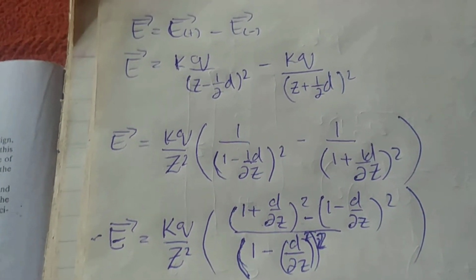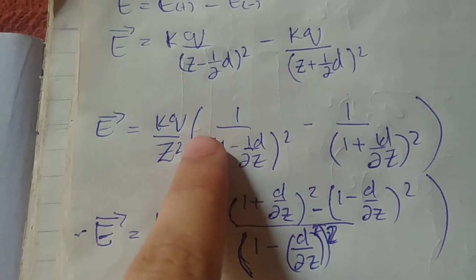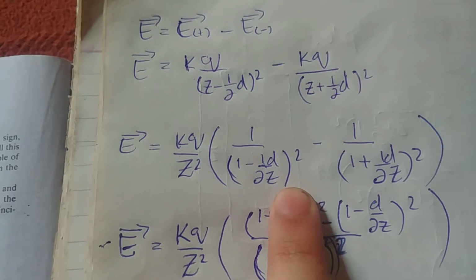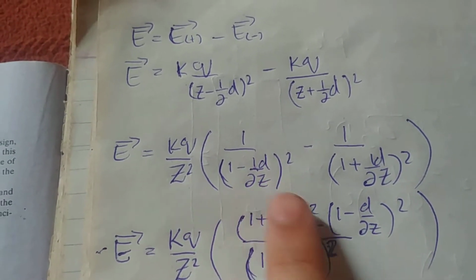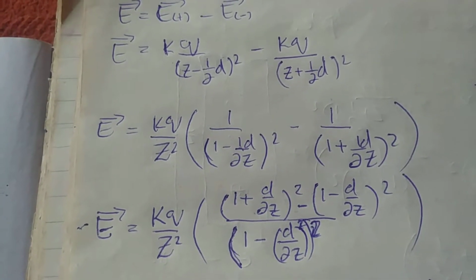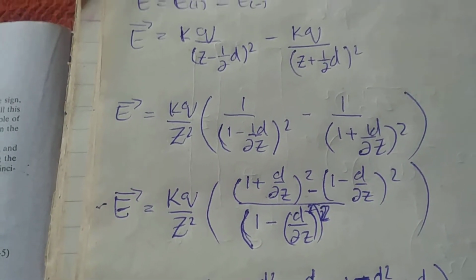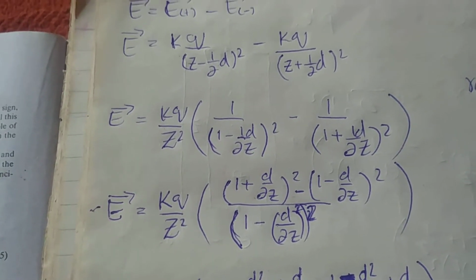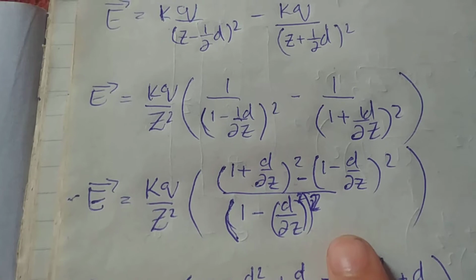Then after a little algebra, we can take the z term out of this expression right here, and we can write it like this. You might remember the formula (a plus b)(a minus b) equals a squared minus b squared from 8th grade. That's the formula we used right here.